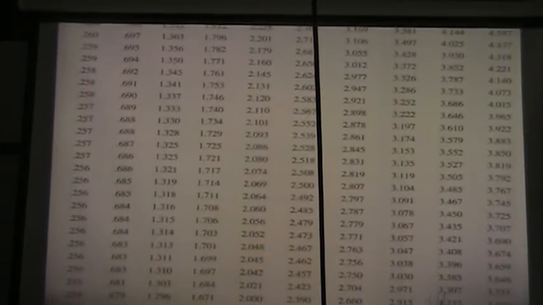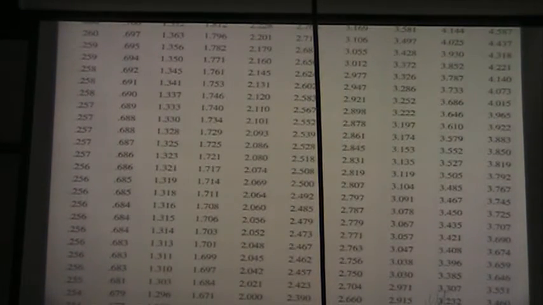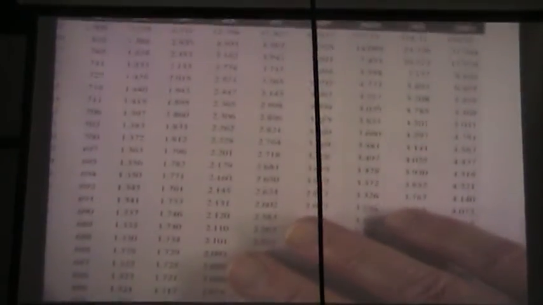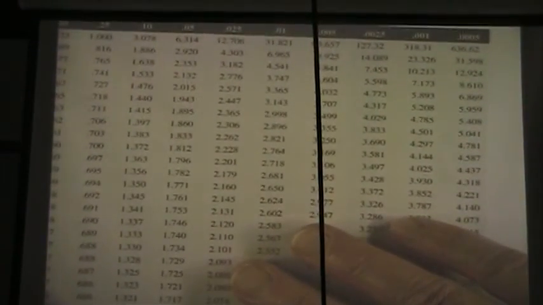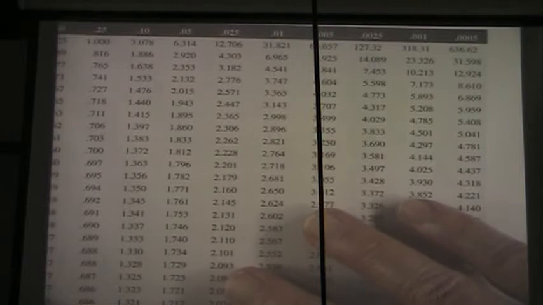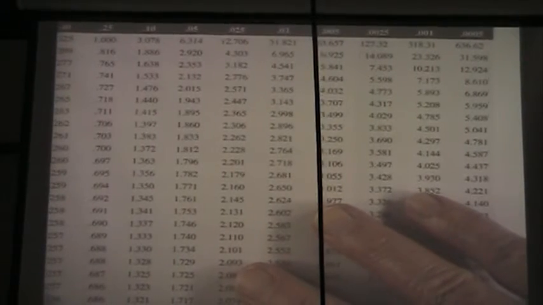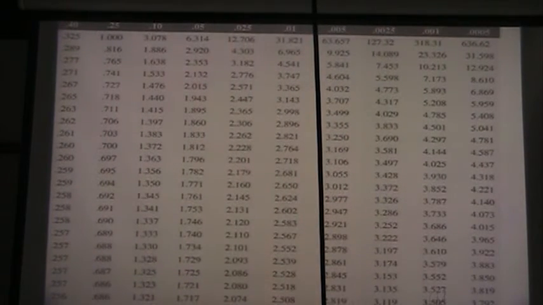Okay, well, luckily, our table goes that far. Unfortunately, if I leave it at this size, I'm not going to be able to show everything I might want to.